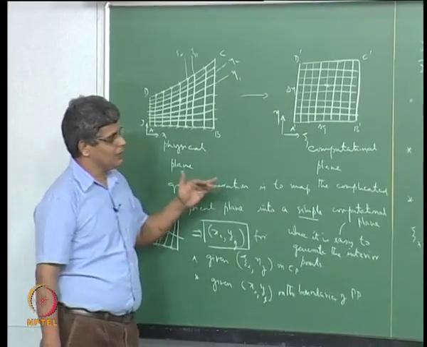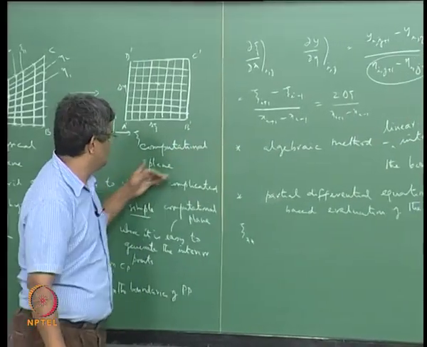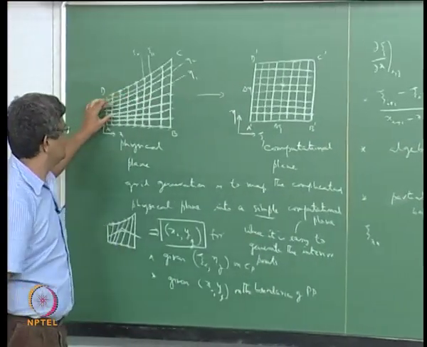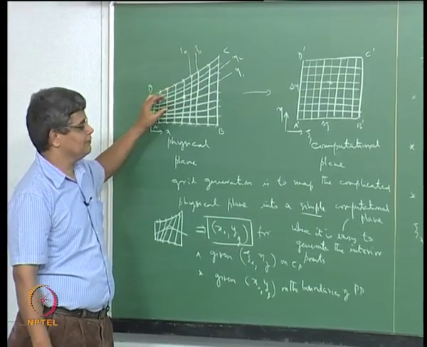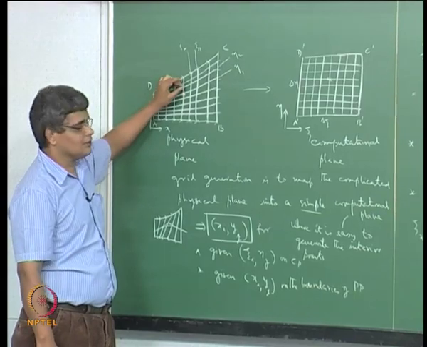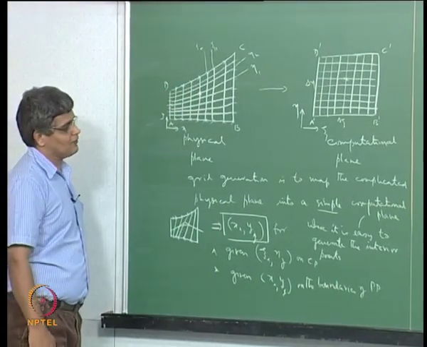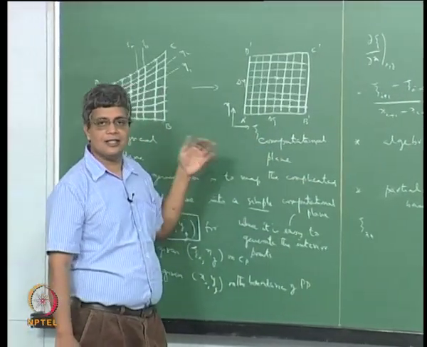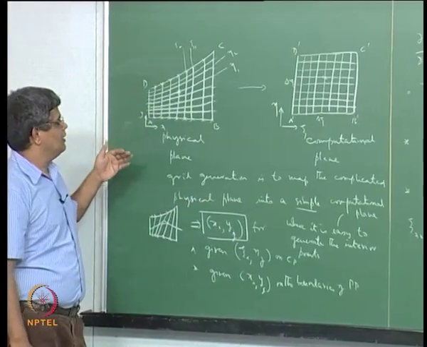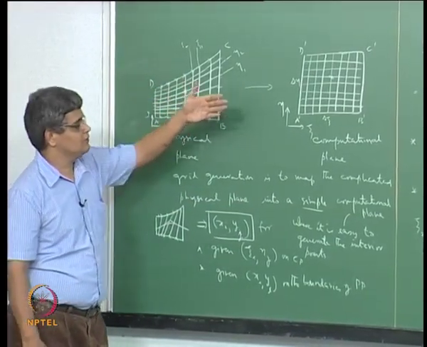So the algebraic methods do not have any condition on how these constant xi lines are to be evaluated, because each point is evaluated on its own without worrying about the neighboring points, whereas in the case of the partial differential equation approach it is possible to lay additional conditions on how these grid lines should behave in the physical plane for the interior points.